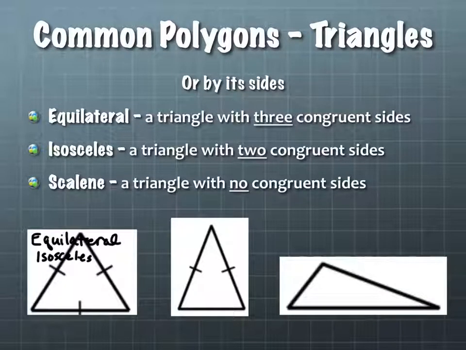The one in the middle, however, is only isosceles, right? It has 2 congruent sides marked, so it's just 2 congruent sides, not angles, sides. And then the last diagram would be scalene.